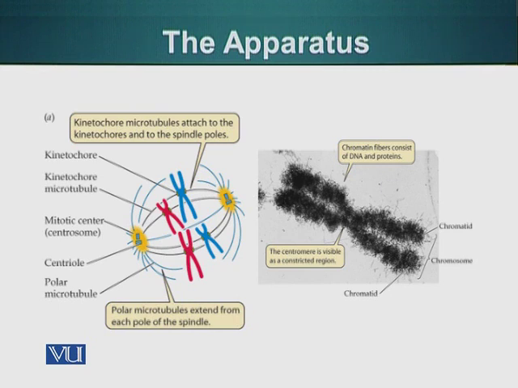So basically, centromere is a sequence of DNA to which kinetochore proteins assemble. These kinetochore proteins have the ability to attach to two things: one, of course, the DNA, and second, the kinetochore microtubules. When the process begins, the polar microtubules are responsible for pushing the mitotic spindle apart, and the kinetochore microtubules are responsible for pulling the chromosomes apart.